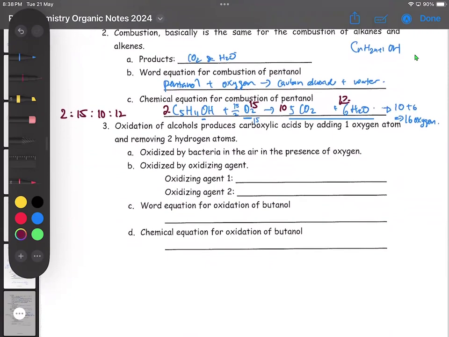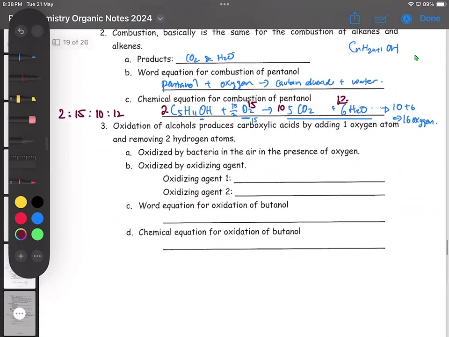All right, let's look at reaction number 2, oxidation. So what are the oxidizing agents that can oxidize your alcohol? First of all, oxygen in the air, specifically oxygen gas.